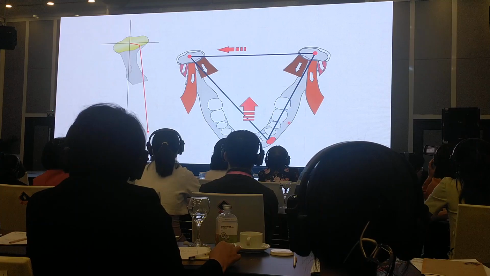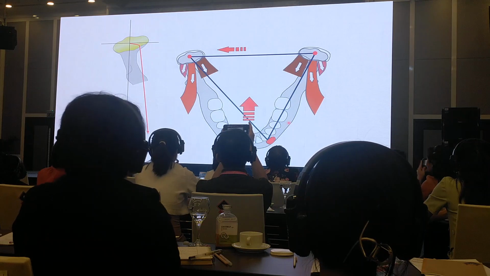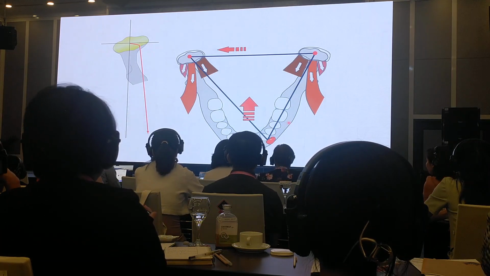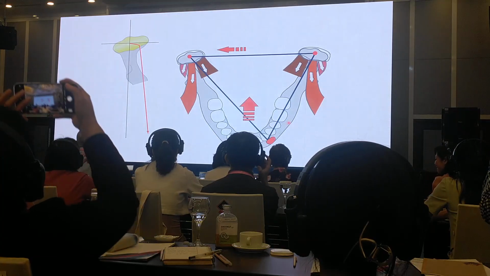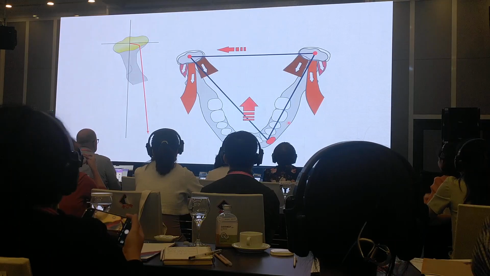In that case, if you put here, for example, canine guidance, immediately this muscle system, the craniomandibular system, reacts.